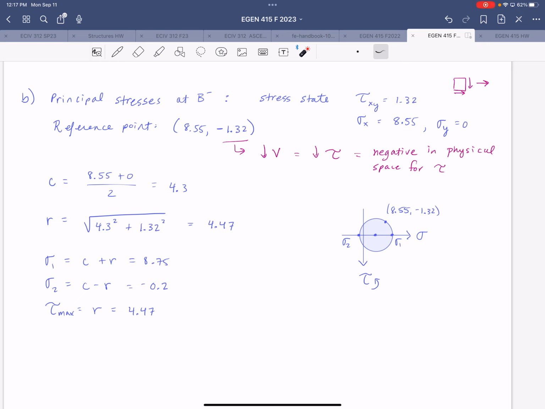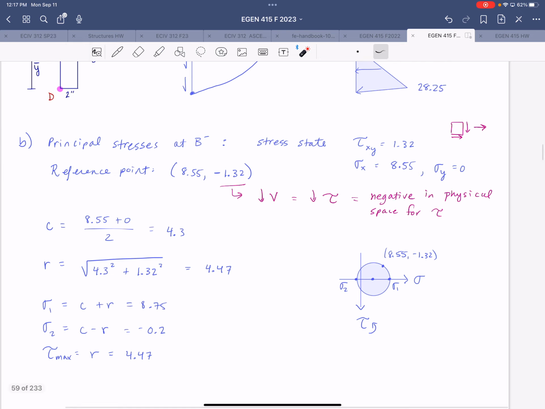Are you just saying if we use the top face that our reference point would be at the 0 with some sort of shear, and then as far as rotating? Yeah, exactly. So in this example, if you were to use the top face or the bottom face, either of those would cause a counterclockwise rotation about the center, right?